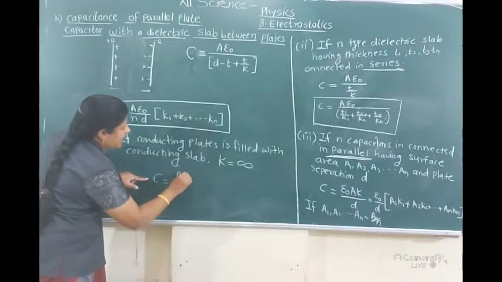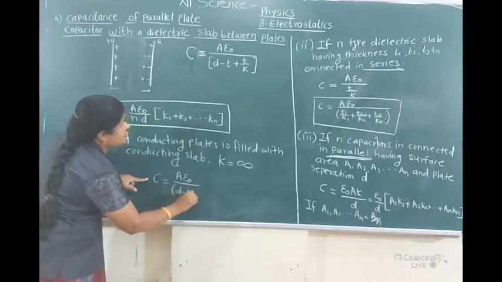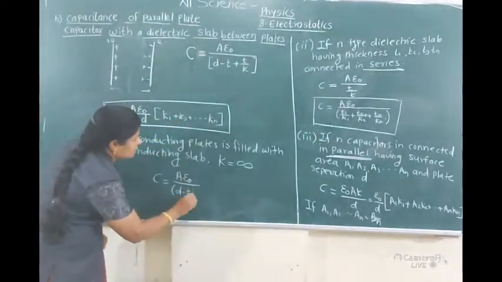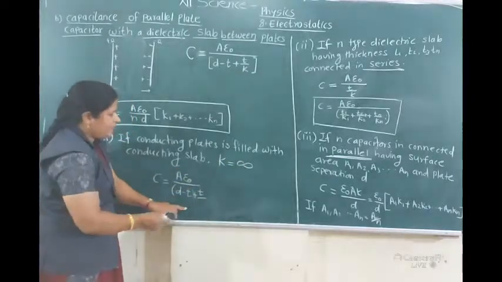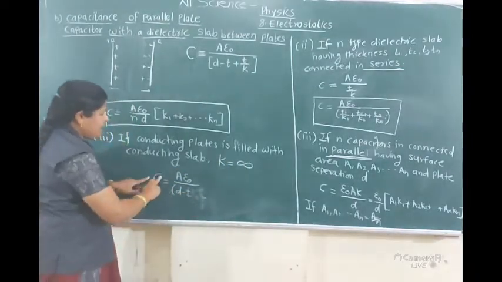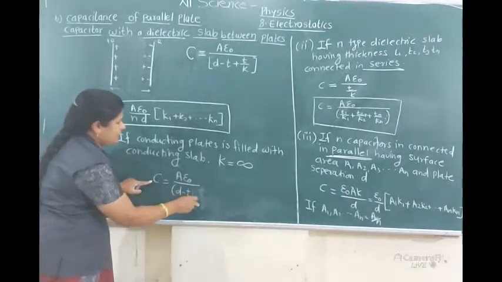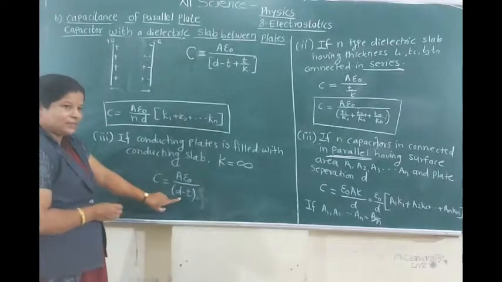So we get K is equal to infinity and we get the formula for that case: C is equal to A epsilon 0 divided by (D minus T plus T divided by K), but K is equal to infinity, so we get the formula C is equal to A epsilon naught divided by (D minus T).